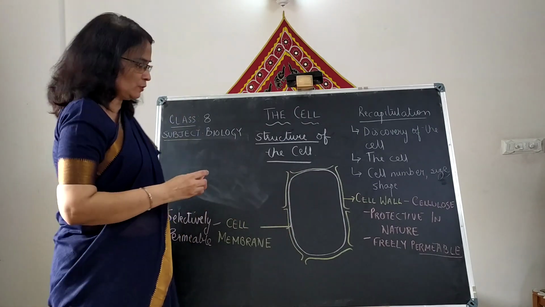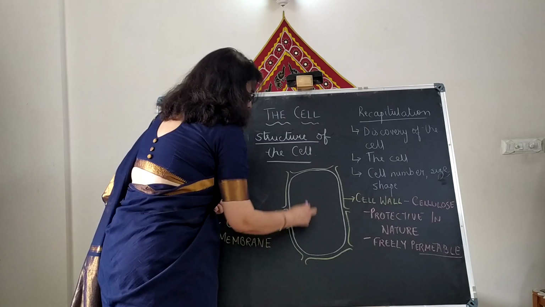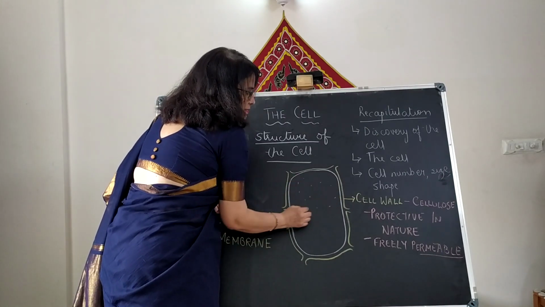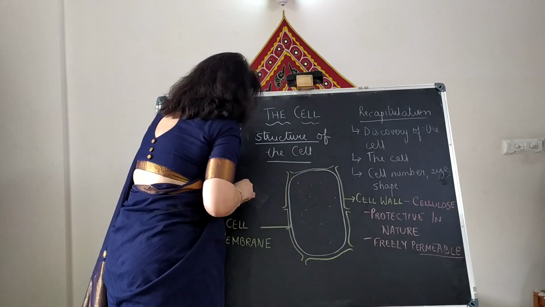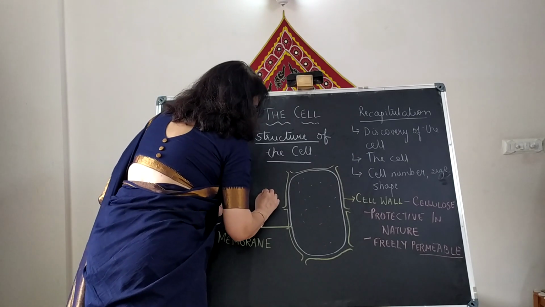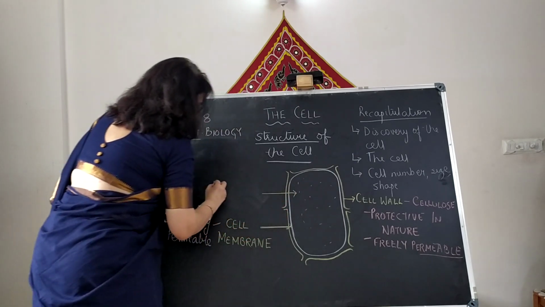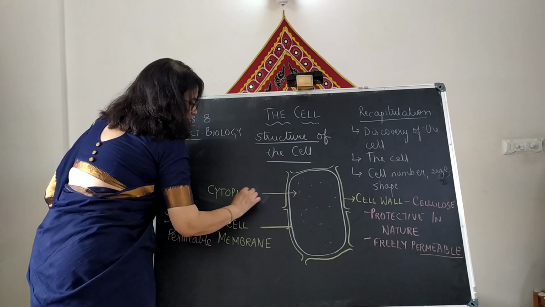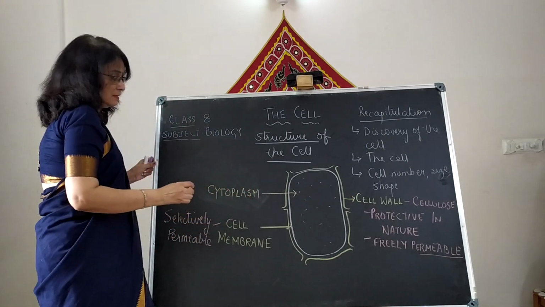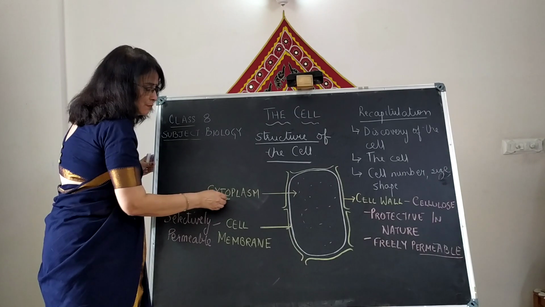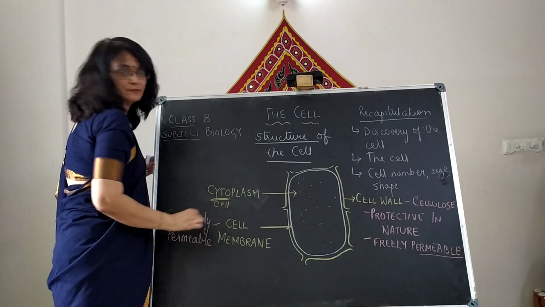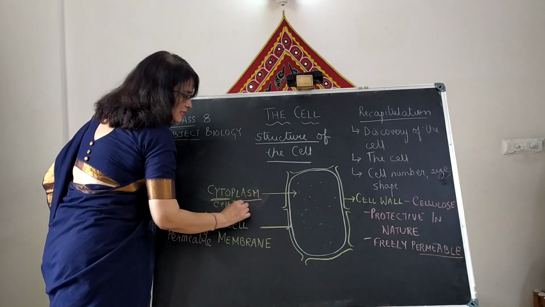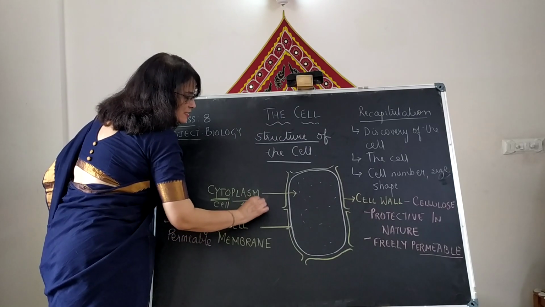Inside the cell, you have a jelly-like structure which is known as the cytoplasm. Cyto basically means cell, and plasm is a fluid-like, jelly-like structure.